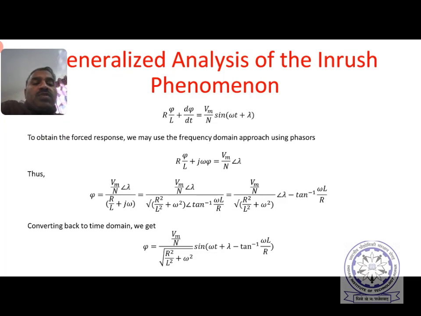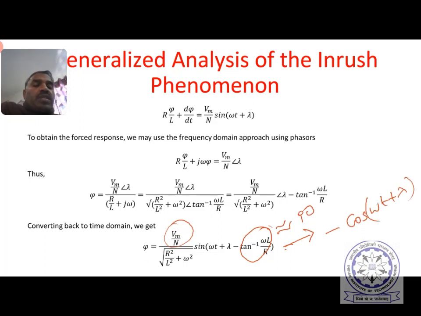Simple sinusoidal analysis you can do, and then the value of φ can be expressed as Vm by N divided by root of R square by L square plus ω square into sin ωt plus λ minus tan inverse ωL by R. Of course, this value is approximately equal to 90. So instead of sin ωt plus λ minus tan inverse this thing, this can be simply replaced by minus cos ωt plus λ.